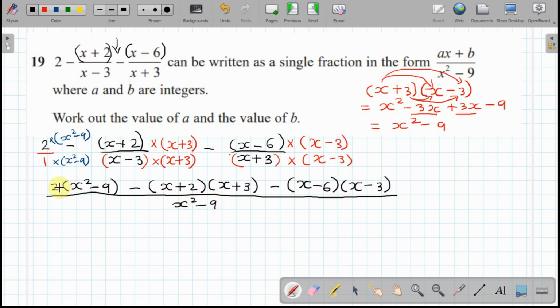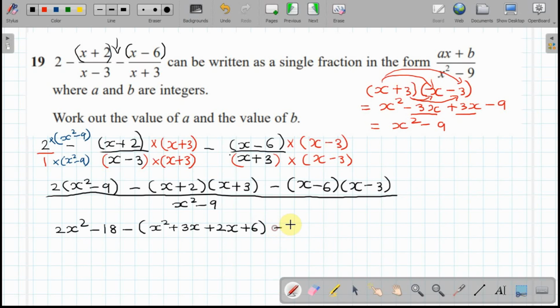First I'm going to expand this. 2 times x squared is 2x squared. 2 times minus 9 is minus 18. Now remember there was a minus sign outside this bracket, so I am going to maintain the brackets even though I expand this out. And we shall see why later on. x times x is x squared. x times 3 is 3x. 2 times x is 2x. 2 times 3 is 6.